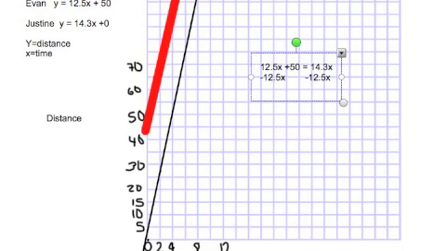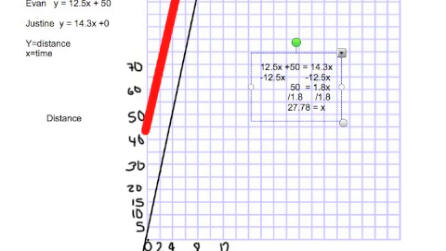On the left-hand side, I'm going to get 50 equals, and on the right-hand side, I'm going to get 1.8x. To undo that 1.8 times x, I'm going to divide both sides by 1.8. So x is going to equal approximately 27.78 seconds. So after about 27.78 seconds, Justine is going to surpass Evan.